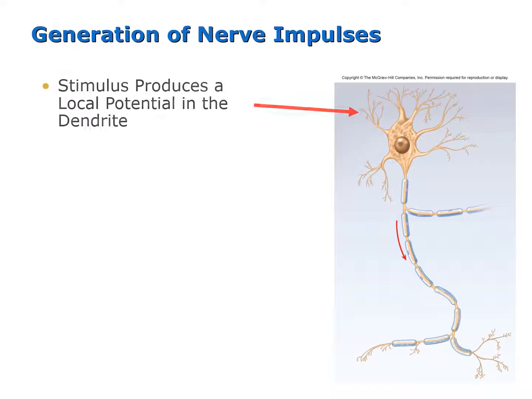A stimulus or change outside of the neuron will cause a depolarization in the plasma membrane. This depolarization is also called a local potential. This depolarization will spread from the dendrite and move toward the soma or cell body.